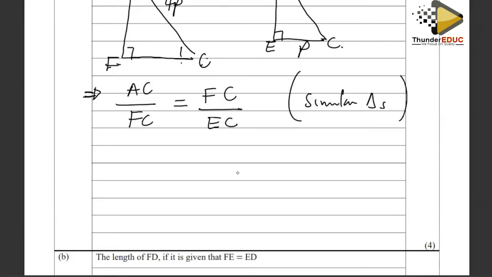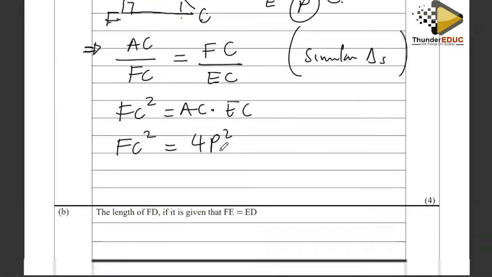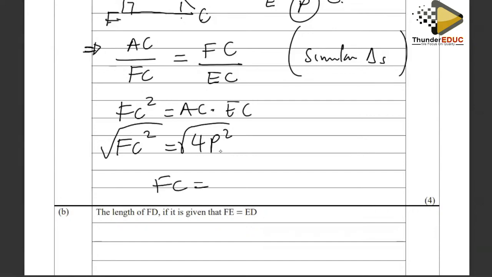What we can see, we can do the cross multiplication, meaning that our FC squared is equal to AC multiplied by EC. Then our FC squared, we know that our AC was 4P. Our EC is a P, meaning that we have a 4P squared. Then we can find the square root on either side, meaning that FC is just a 2P.